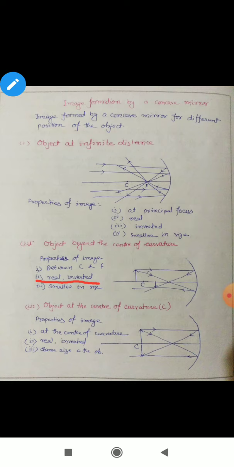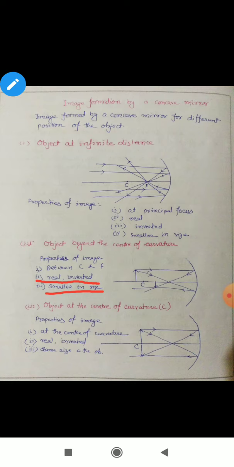That's why both properties have been written at the same place. So it goes together; if it is real, definitely it will be inverted. And the size of the image will be smaller than the object.